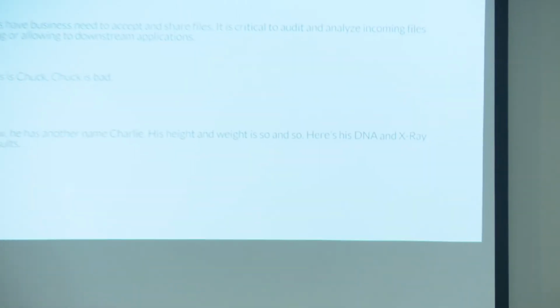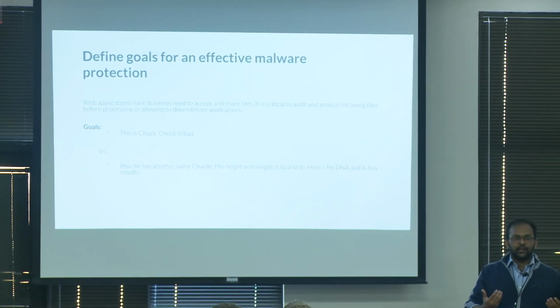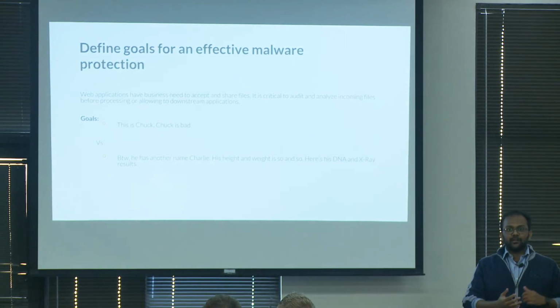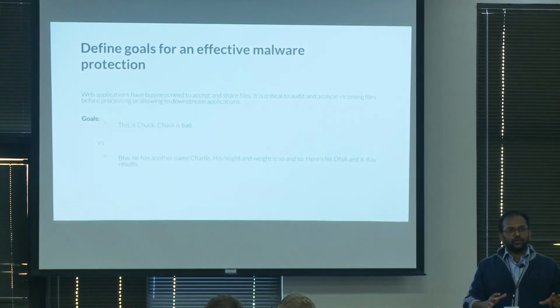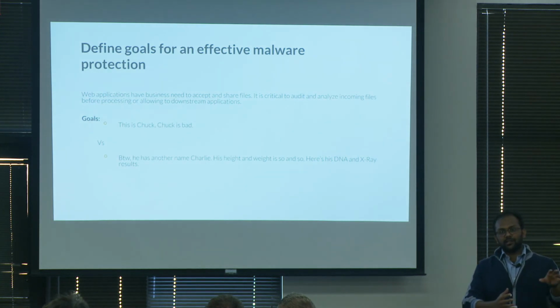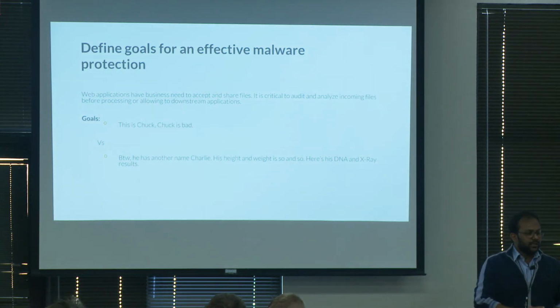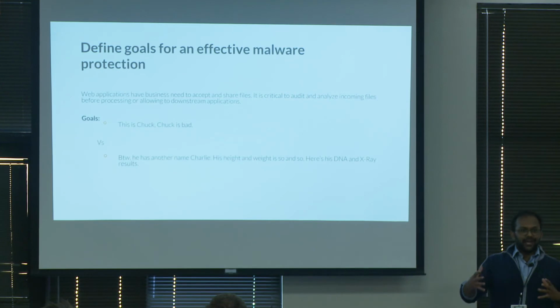Before we architect, I think the first step would be to define the goal. What do we want this submission-based analysis system to do? At the core, we have to define how much it needs to tell us. If someone is coming in, are we okay to say, hey, this file or this person is Chuck, and we know Chuck is either bad or good?